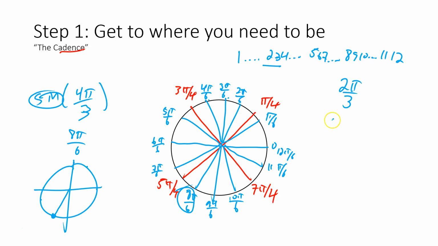Let's have you try to get to 7 pi over 6. And let's have you do pi over 2. And let's have you do 5 pi over 3. I like that one. Okay, so you want to pause the video and see if you can get to those spots using this kind of cadence method, or however you want to. Why don't you give it a shot and see how you do.